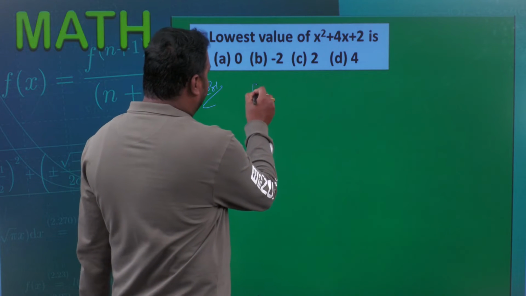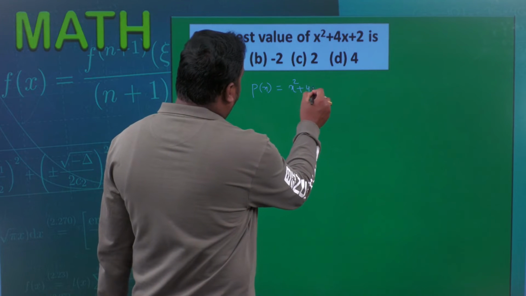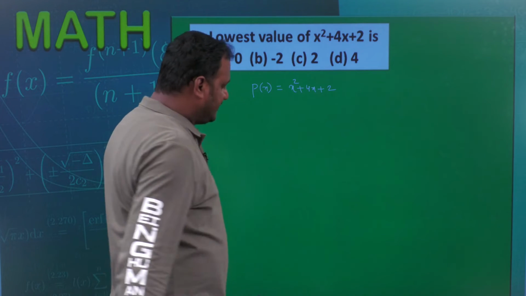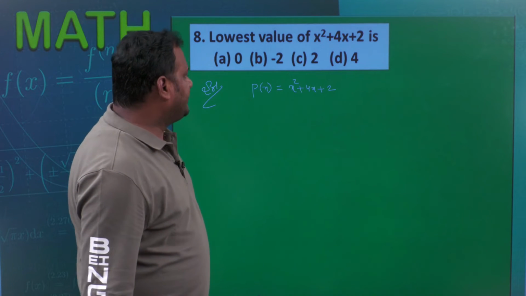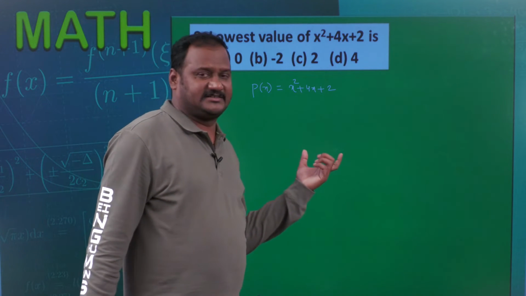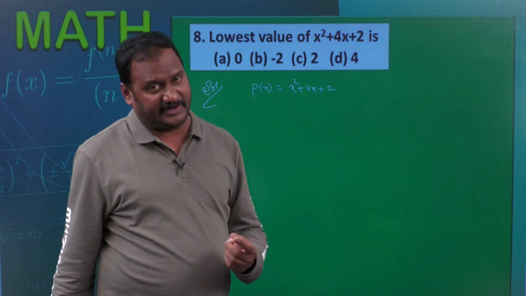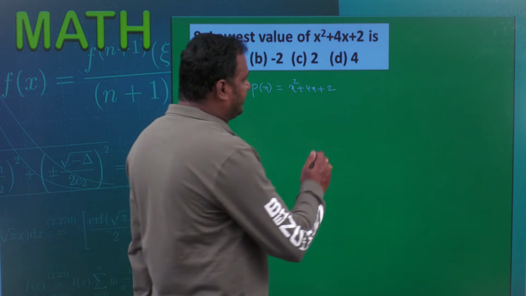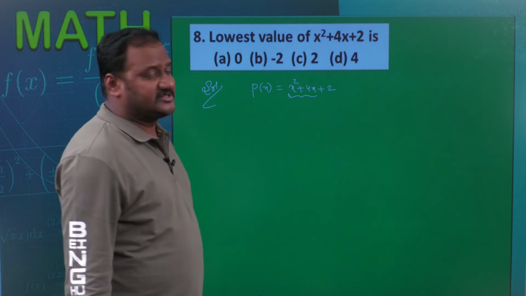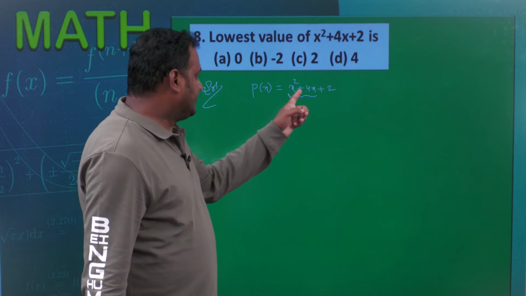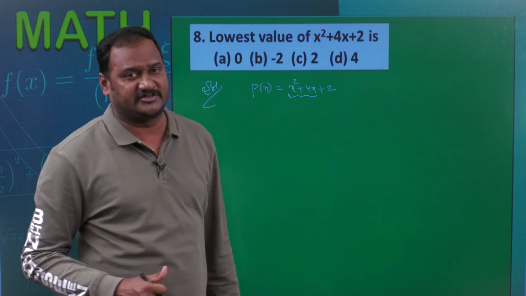I would write the given polynomial x square plus 4x plus 2. See, in order to find the least value, I am going to express this as a square number by the method of completing the square. The method of completing the square means, irrespective of the last term, if I take the first two terms, where the second term sign is positive, then I go by the a plus b whole square expansion.